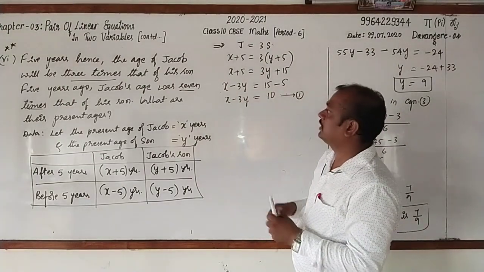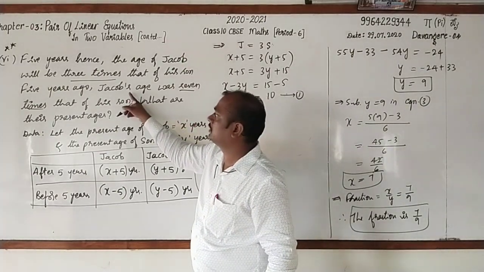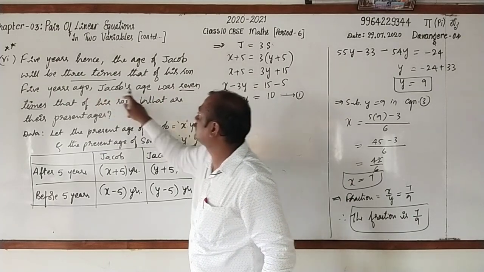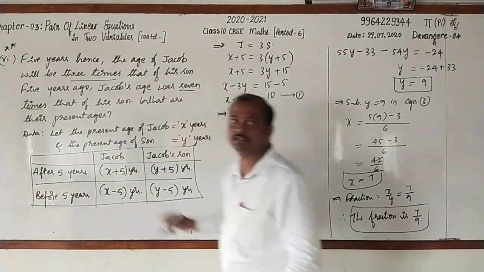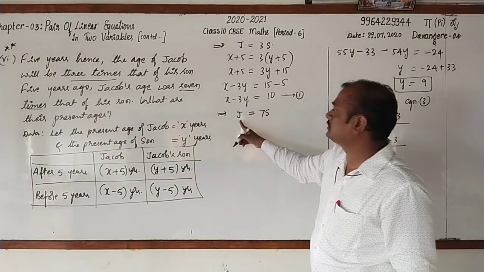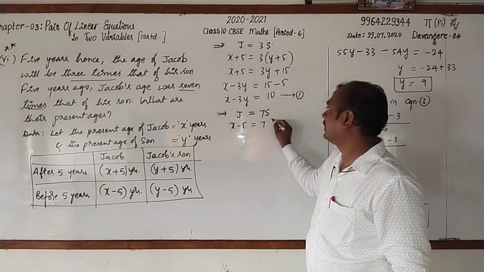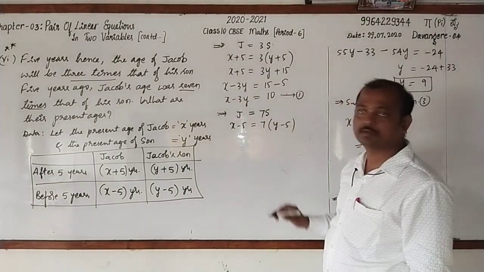Next, another one. The other statement is: 5 years ago, before 5 years, Jacob's age was 7 times that of his son. Again, it is also for your reference. Jacob's age before 5 years, x minus 5. And son's age before 5 years, y minus 5. Clear?